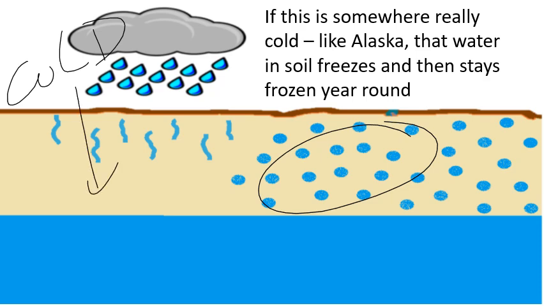It takes a long time to heat the ground. And the warm season in Alaska is so short that the ground basically never really thaws out after winter. And that water in the ground stays frozen year-round. That's what we call permafrost. Permafrost is water in the ground that stays frozen all year long. And it only happens in places that are really cold. Canada, Alaska.